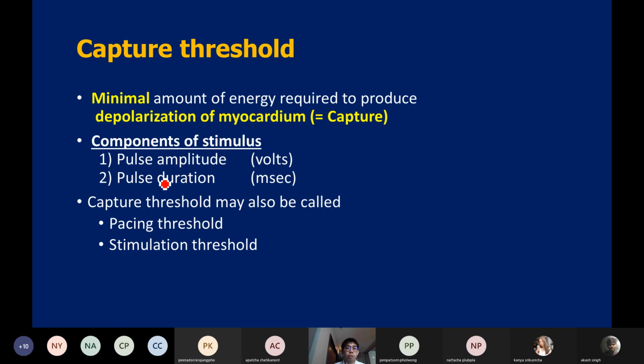There are two components of stimuli. There's the pulse amplitude, of which the unit is volt, and the pulse duration, of which the unit is millisecond. These are the two components of capture. The capture threshold may be called, if you are in the clinic, pacing threshold or stimulation threshold.